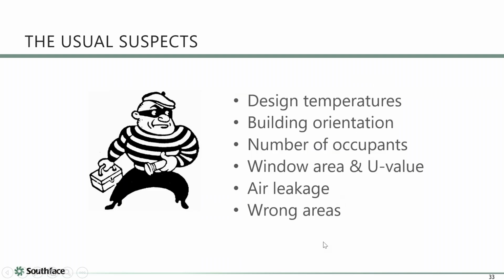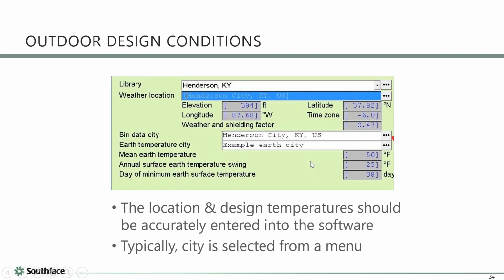I would say too, wrong areas and wrong dimensions happen, and that may not be on purpose. That could be accidental, but most of the other ones might be deliberate. For outdoor design conditions, pick the default. Take what the software tells you to use. If you want to change it a degree or two, we can talk about that, but do everything by the default until you get to the very end.